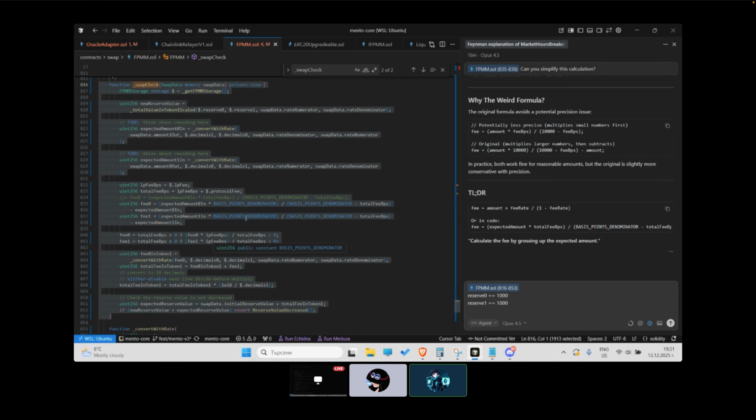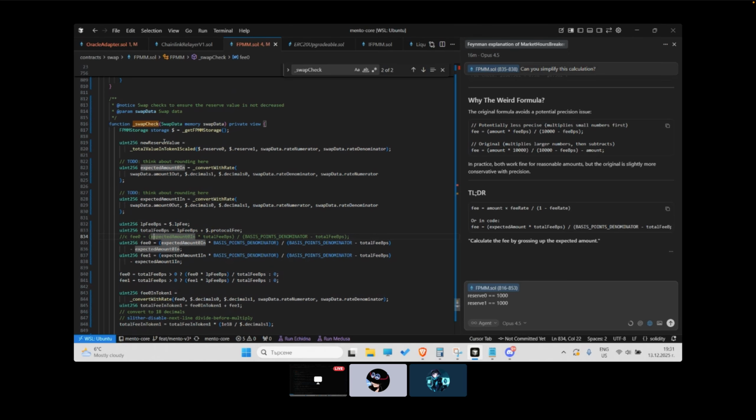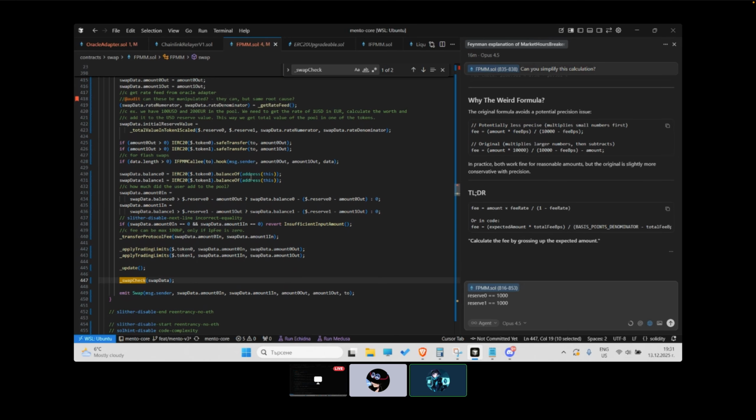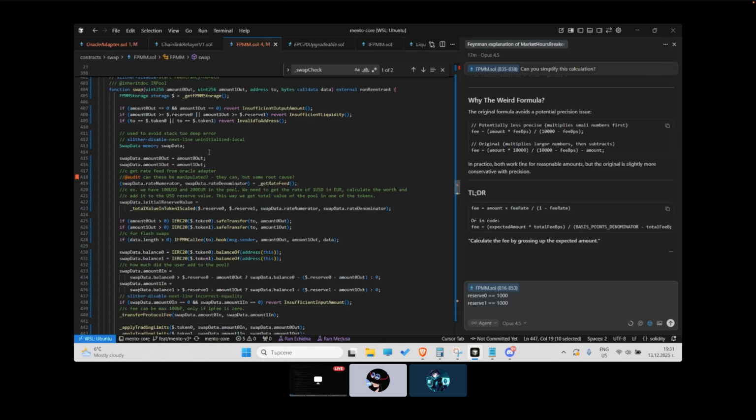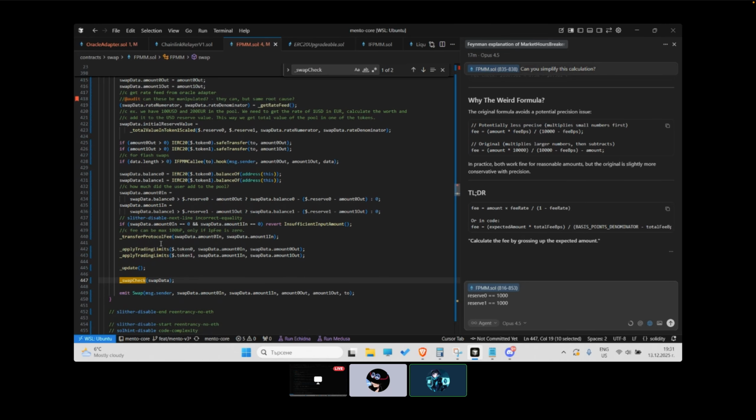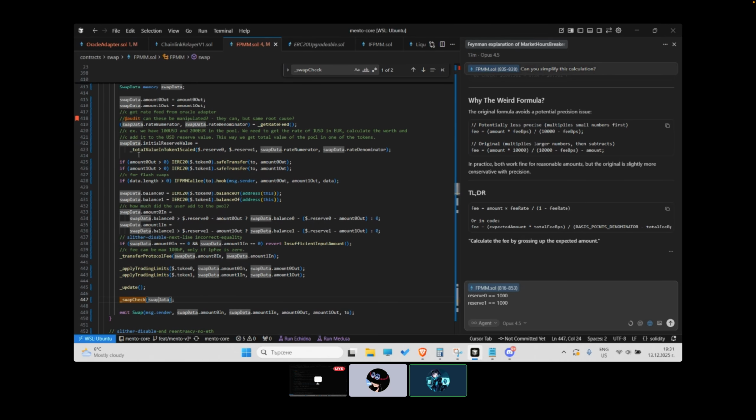Okay, so now let's go through the swap function again. Yes, the swap. So let's just check again how this is calculated. So initial reserve value, go check.